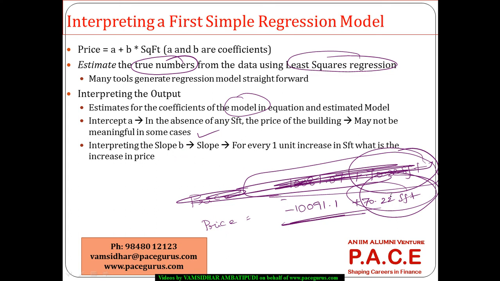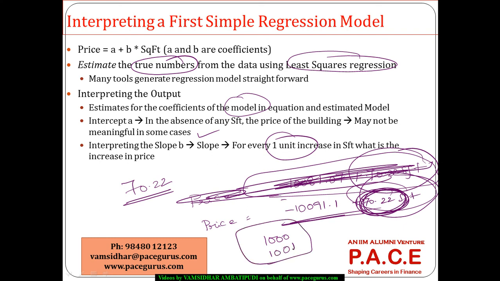But when I look at the slope, it's a very important point, 70.22. What it simply means for me is, for every 1 unit increase in the SFT, if my flat is one more SFT, probably I am expecting that the price of that particular flat will increase by $70.22.